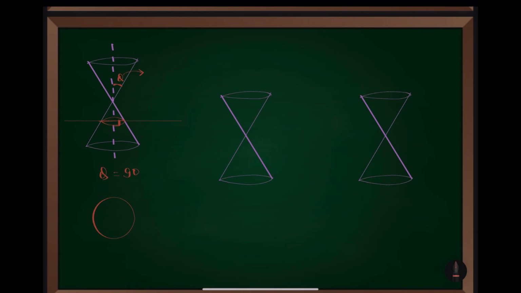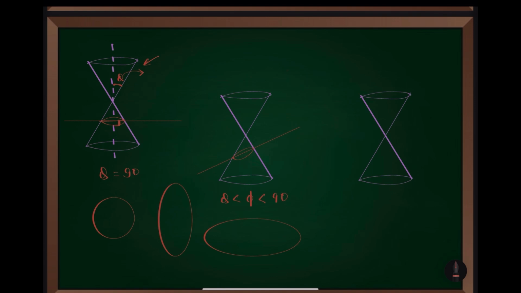Now look at this. Suppose your theta is somewhat like this. Suppose you intersected this way, so it is not a circle but it has this shape. When suppose this is theta, it should be less than 90, but it should be greater than theta, this theta I am talking about.